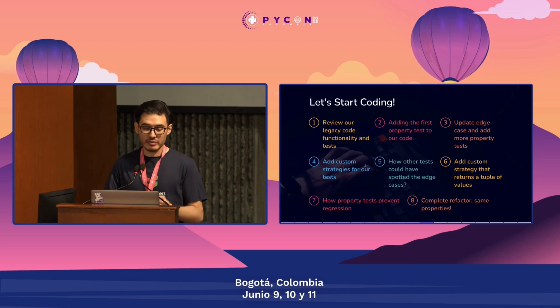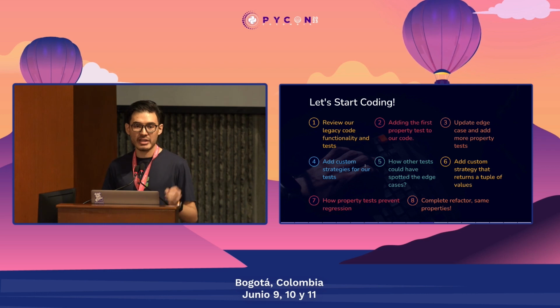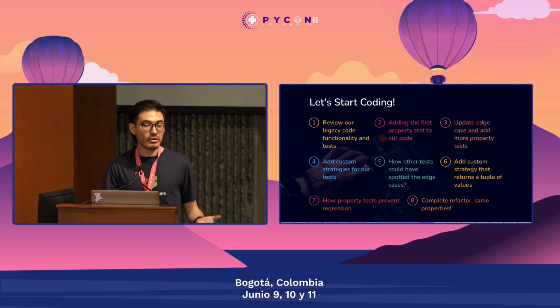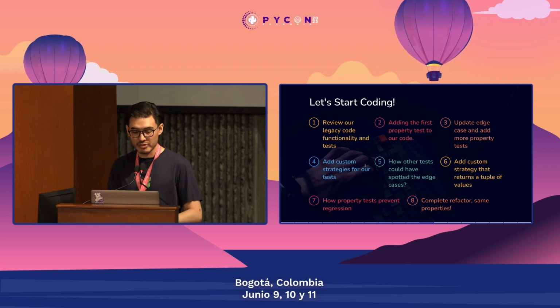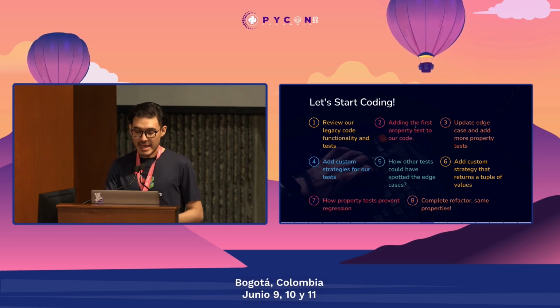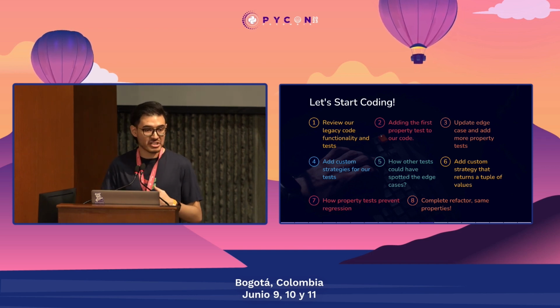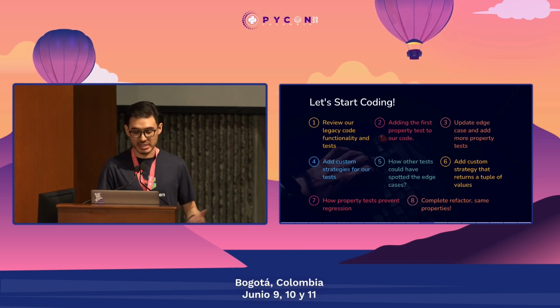First of all, I'm going to share some code snippets where we're going to focus on these characteristics in the code. First, we're going to review the legacy code of our functionality and the tests that it has, and then start testing by adding our first property test. Then we're going to update some edge cases that we may find with the property test that we created.